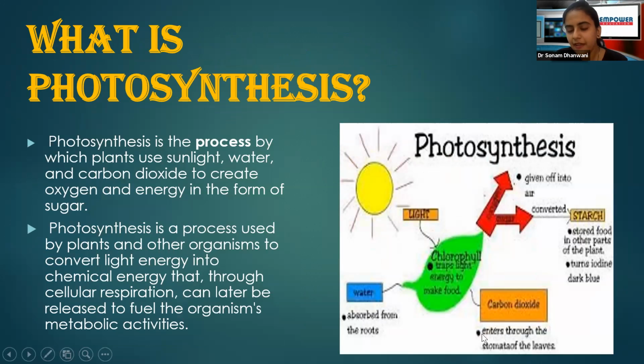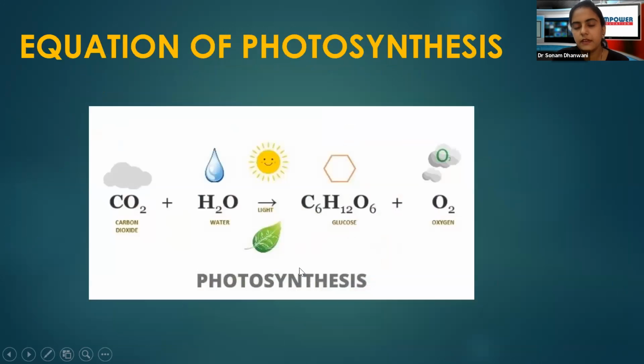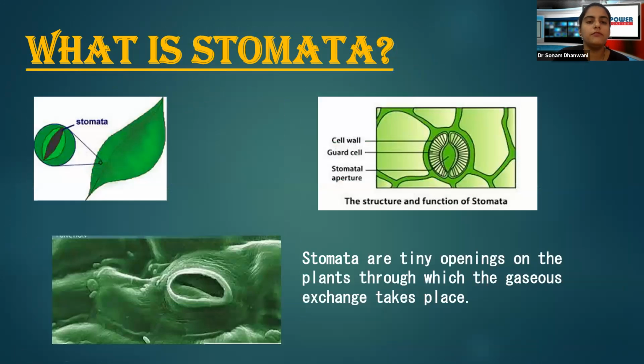Carbon dioxide enters through the stomata of the leaves. करेक्ट, तो अब ये स्टोमेटा क्या है, स्टोमेटा ऑफ द लीव्स है, मतलब एक बात तो आप समझ गए दैट दिस स्टोमेटा इज सम स्ट्रक्चर व्हिच इज प्रेजेंट ऑन द लीफ. ठीक है, अभी यहाँ से क्या हो रहा है, लेट्स सी दैट. सो स्टोमेटा आर द टाइनी ओपनिंग्स ऑन द प्लांट्स थ्रू व्हिच द गैसियस एक्सचेंज टेक्स प्लेस. गैसियस एक्सचेंज मतलब अभी यही एक्सचेंज होने वाला है कार्बन डाइऑक्साइड और ऑक्सीजन का. ठीक है, अभी स्टोमेटा क्या है पहले वो देखते हैं.